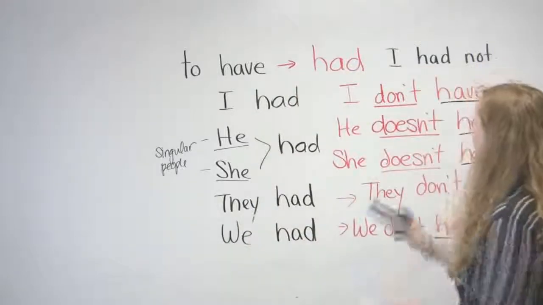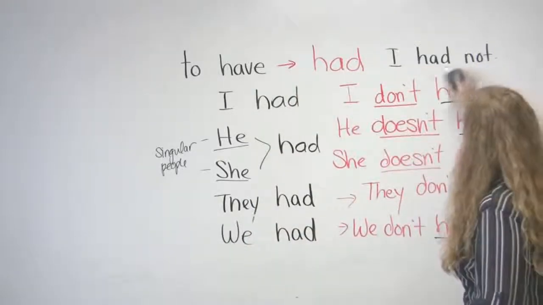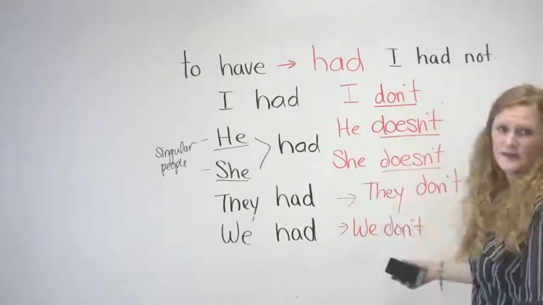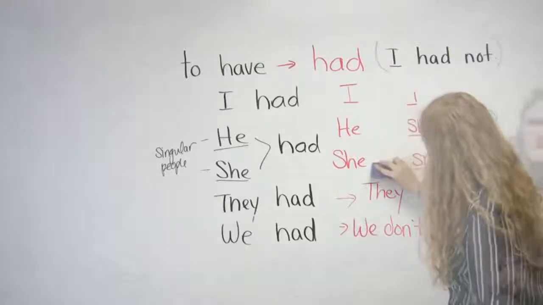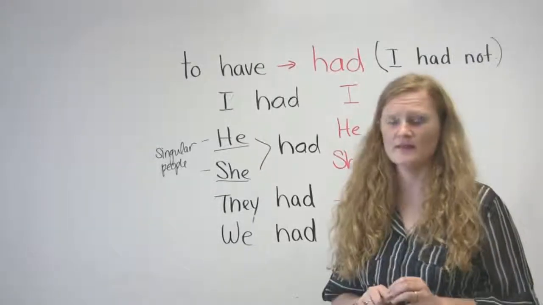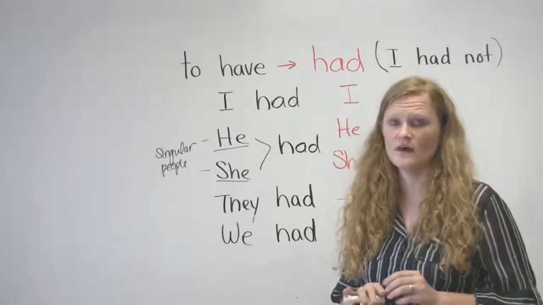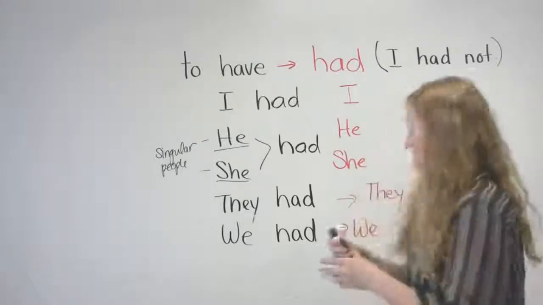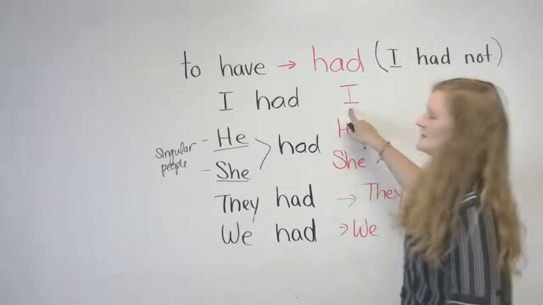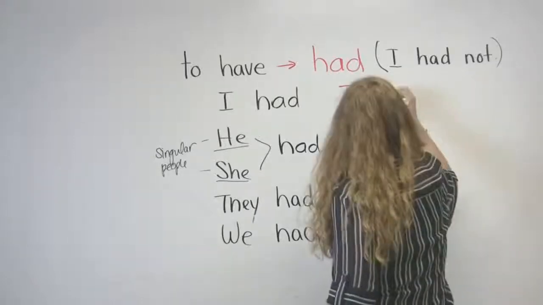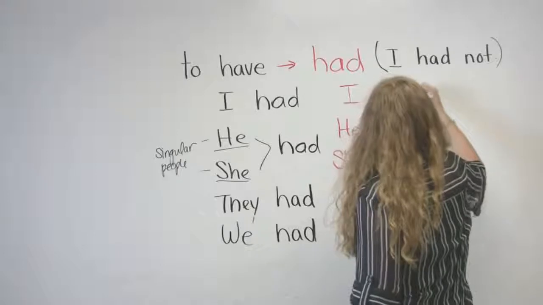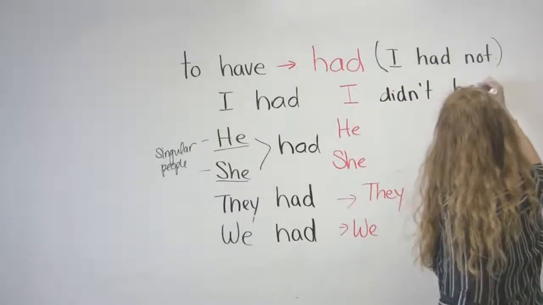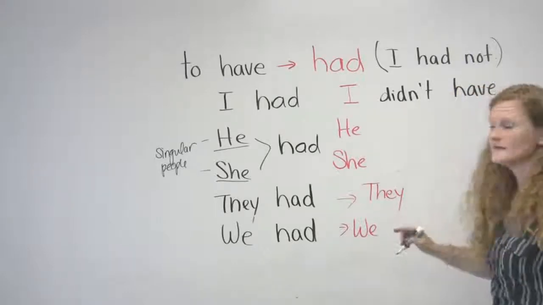So, when we use had, we have to look at this verb again. Who knows what the negative and the past really of doesn't is? The answer is didn't. So, for this one we're going to say I didn't or did not have.